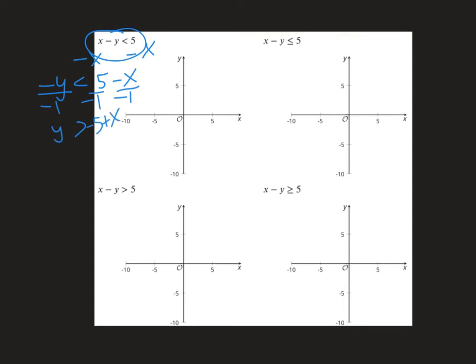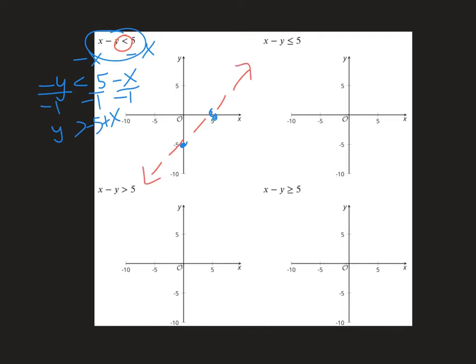So what does that look like? It looks like the same 2 points, right? I know that those are going to be the same 2 points because it's the same line, but it's not a solid line. Why not? Because this is a strictly less than, right? So just like on the number line where we used an open sign, now instead we're going to use a dotted line.